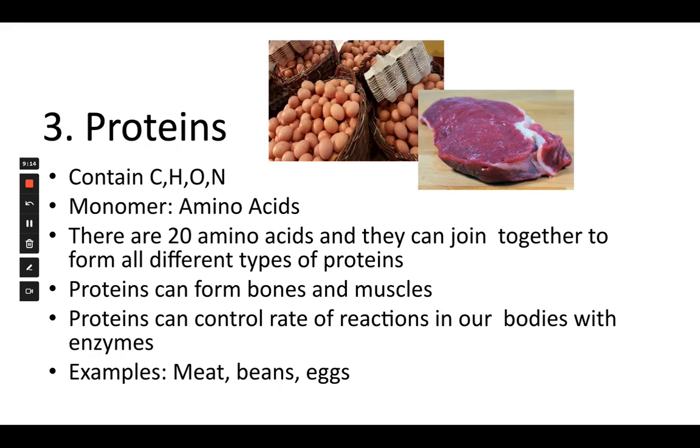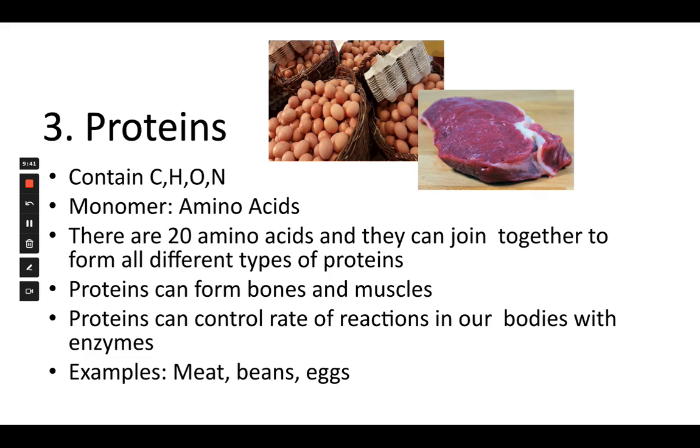Our third macromolecule is proteins. And so our first two were carbon, hydrogen, oxygen. And so just like lipids and carbohydrates, proteins also contain carbon, hydrogen, and oxygen, but proteins now are also going to add nitrogen. And so proteins are a CHON molecule. So we've had CHO, now we're on CHON.